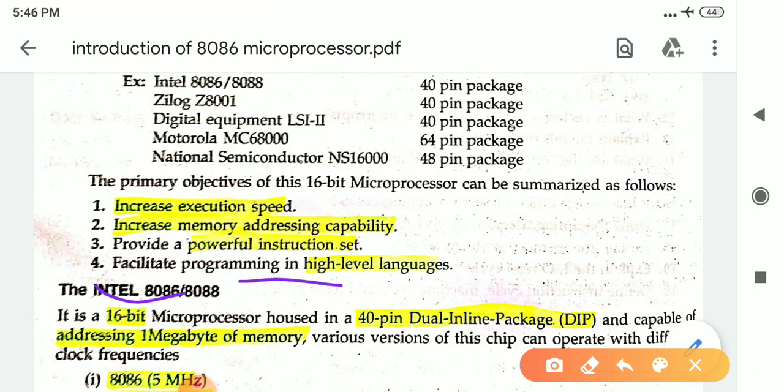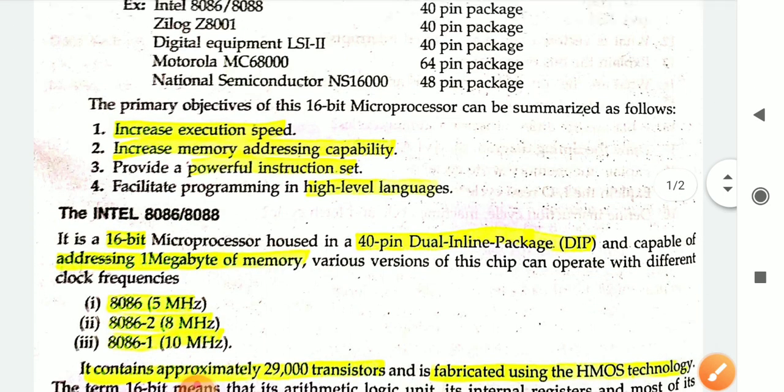Next is the Intel 8086 and 8088. Let's talk about them. It is a 16-bit microprocessor housed in a 40-pin dual inline package, that is the DIP. What is the dual inline package? It is an IC package in which the pins are situated in two opposite directions.